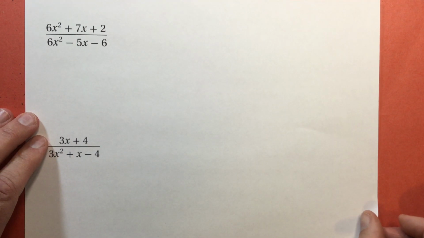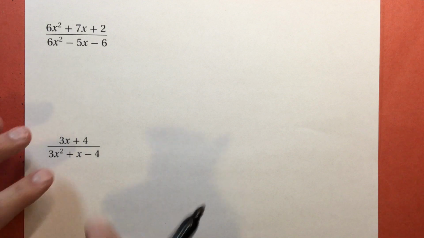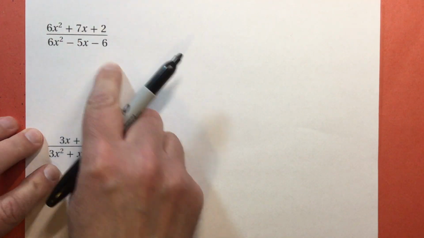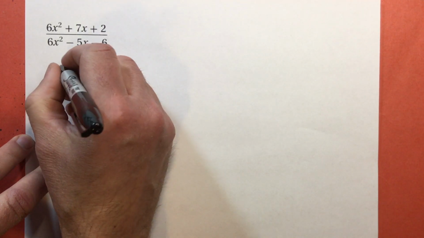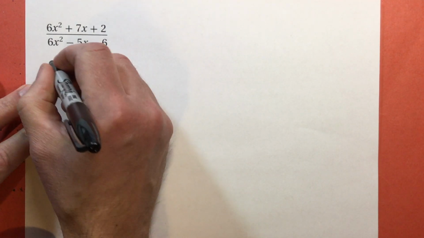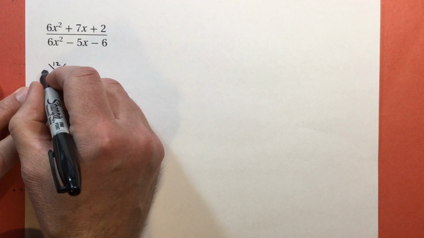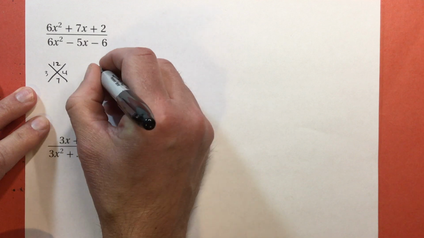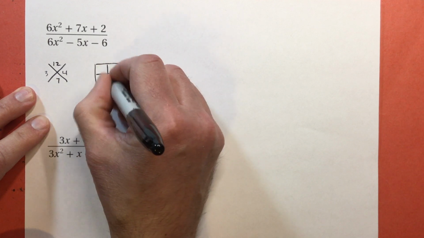All right, we'll do 2 more before this video gets too long. Now I've got these complicated ones. Let's see if I can factor this. I got to use my diamond method. So I got 6 times 2, which is 12, and 7. What two numbers multiply to give 12 and add to give 7? That's going to be 3 and 4. I make my multiplication chart.